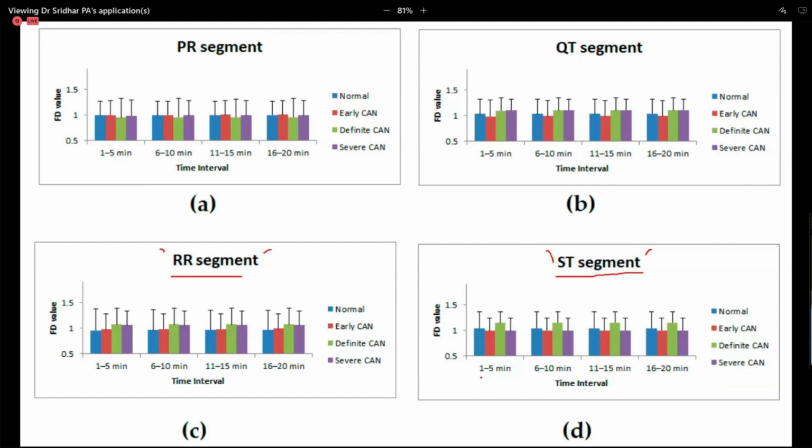So what we did is, instead of looking into the whole 30 minutes of data, we divided it into every 5 minutes to see how the change happens within your sleep interval. This was recorded for 30 minutes during sleep, and we were trying to see how the signal changed between the time intervals, instead of looking into the overall signal, which may not give you a better analysis for identifying the symptoms or classification.